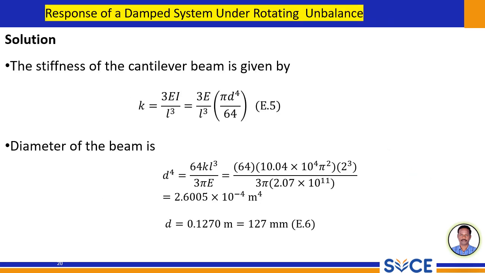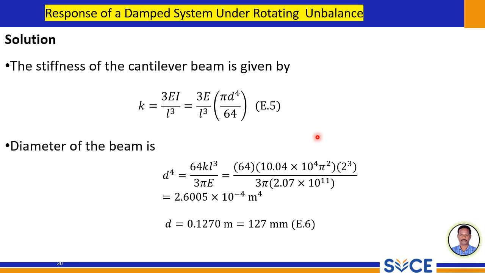The final step: let me calculate the shaft diameter of the Francis turbine. In the earlier slide, we calculated the stiffness. Now, let me calculate the stiffness for the cantilever beam, which is essential for supporting the shaft at the bearings.